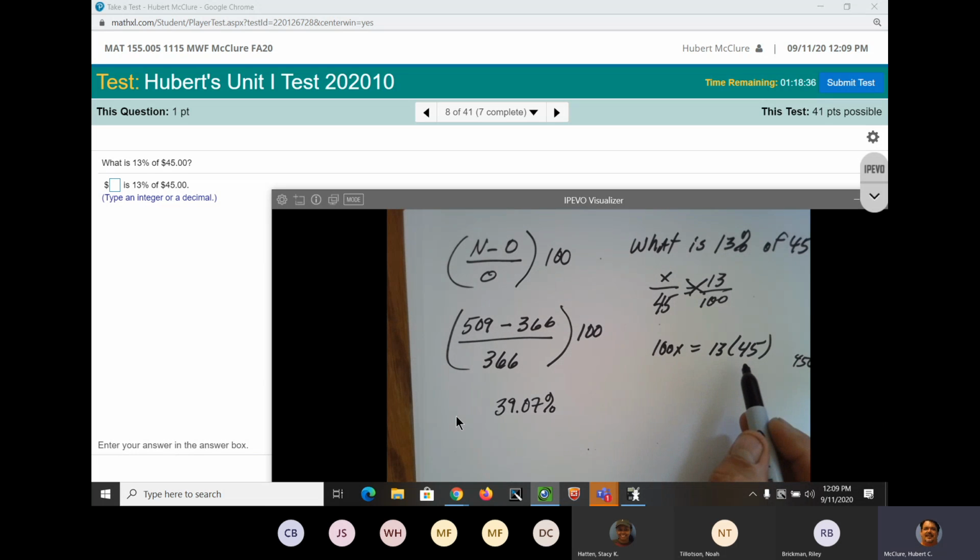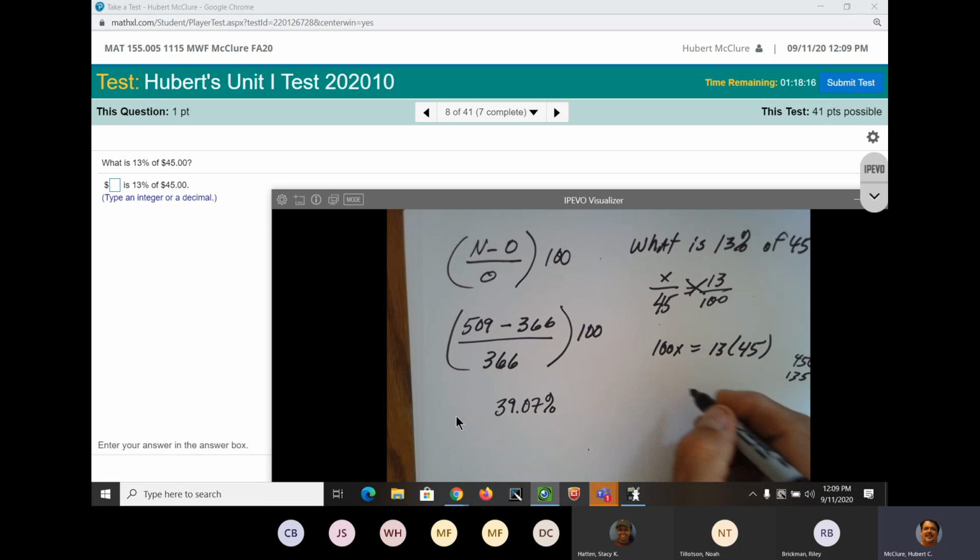And 3 times 45 is 135, I think. So that's going to be 585.